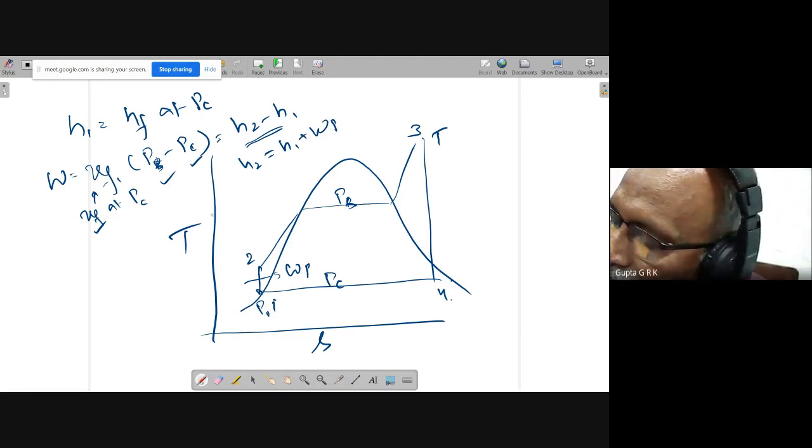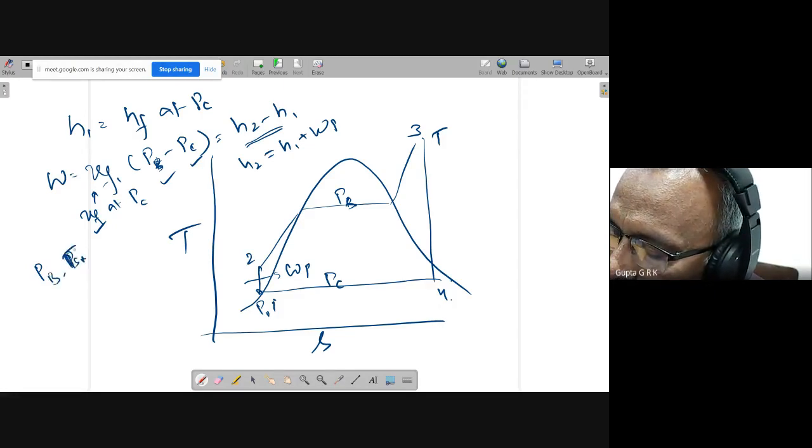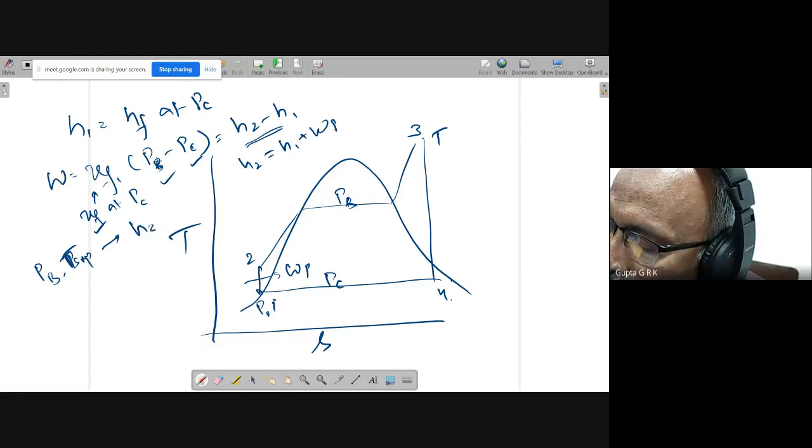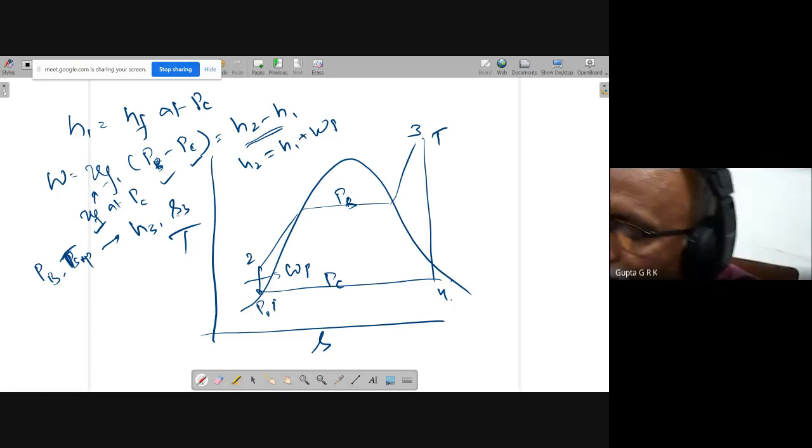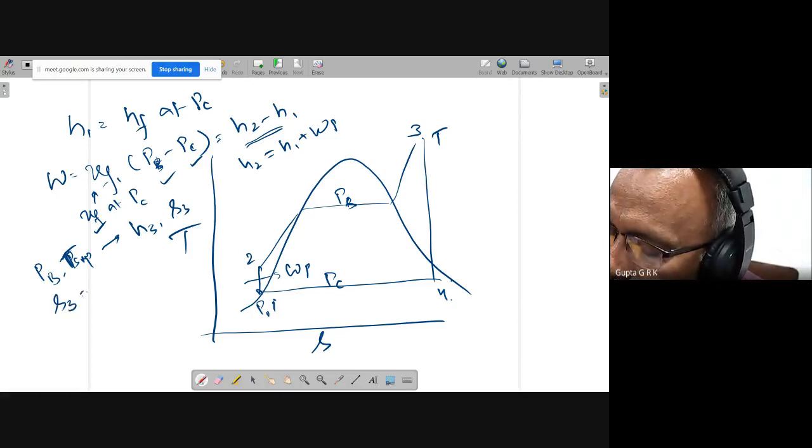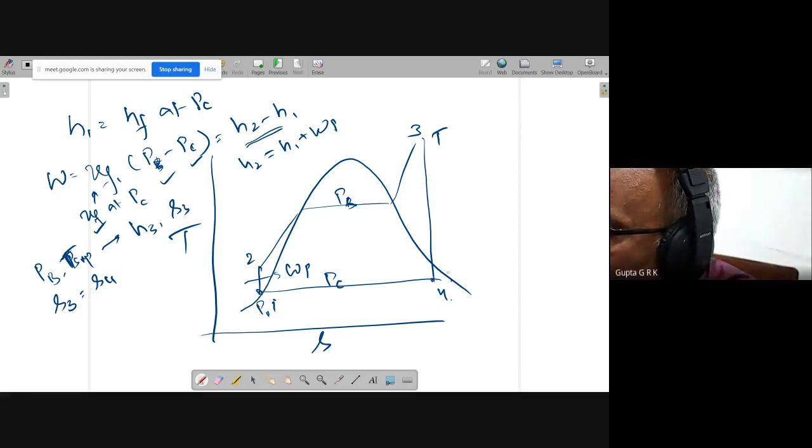Next, coming to 3, boiler pressure is given, and superheated temperature you will be knowing. So using superheated tables, I can find H3 and S3. S3 is equal to S4. So here I have to find the dryness fraction and also H4.